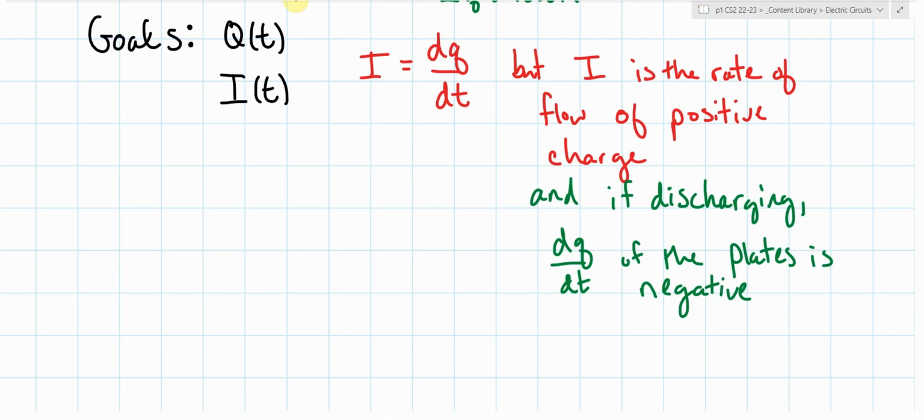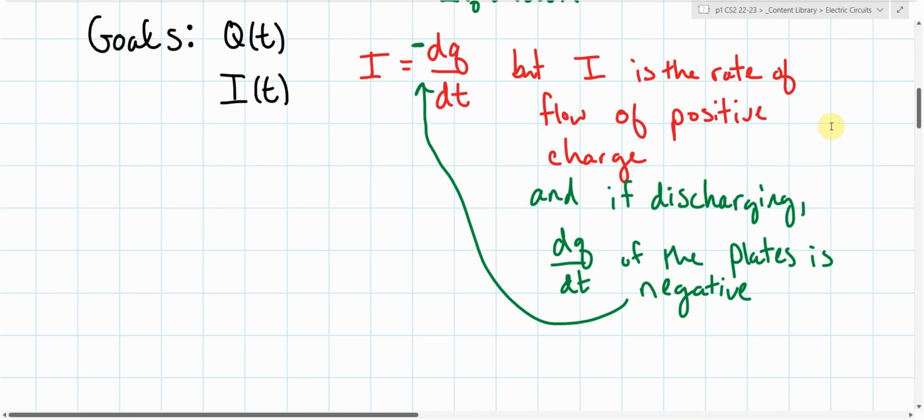Okay, so if I want I to equal dq dt, I actually am going to have to put a negative in there to get this to be true, that the positive current equals the rate of change of charge on the plates, because positive current needs to equal the negative of a negative number. Okay, so I do have to stick a negative in there, to make I and dq dt really equal. But once I've done that, it's not going to be too bad.